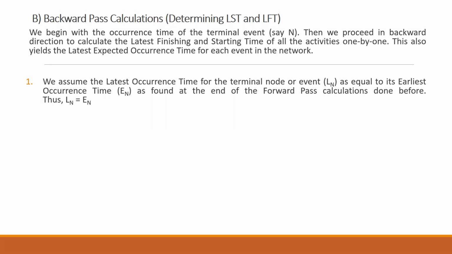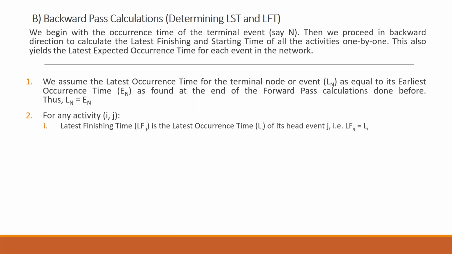We assume the latest occurrence time for the terminal node or event, let us take that as Ln, to be equal to the earliest occurrence time, En, as found at the end of the forward pass calculation done before. So Ln will be the same as En. For the other activities, because we are going backwards, we have to calculate the finishing time first.